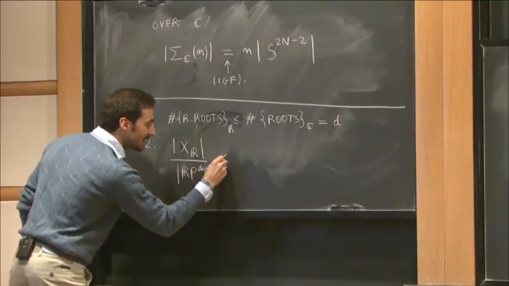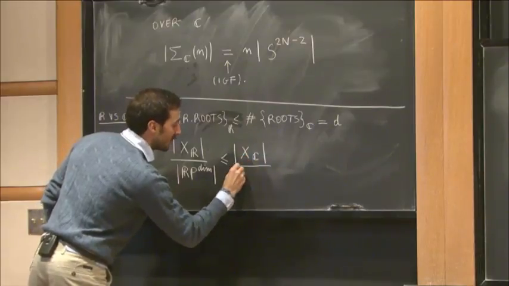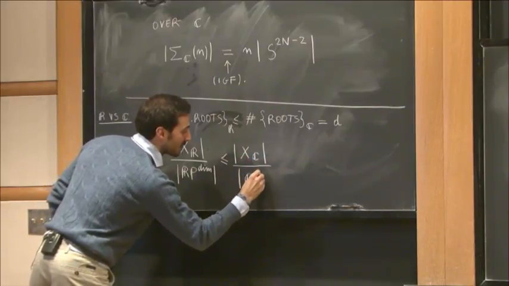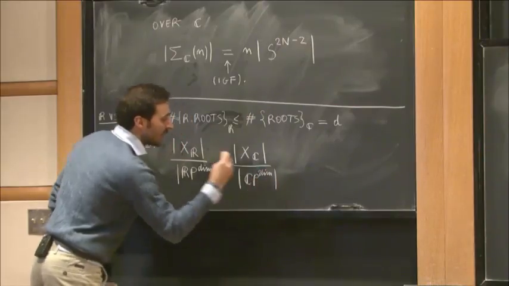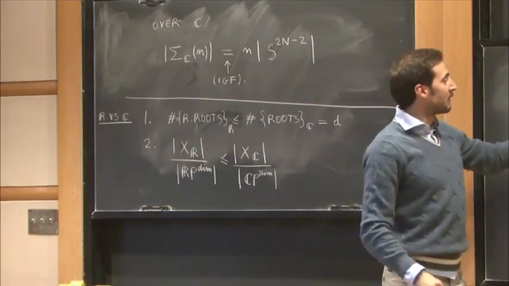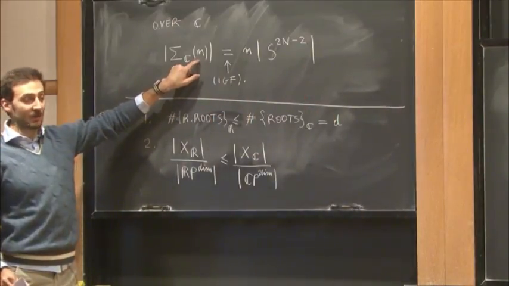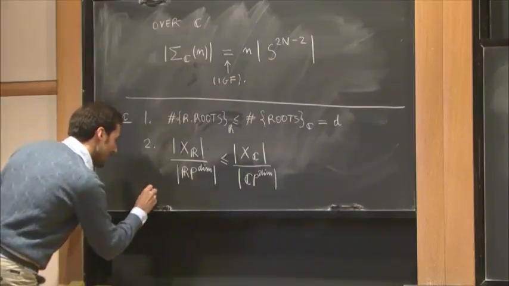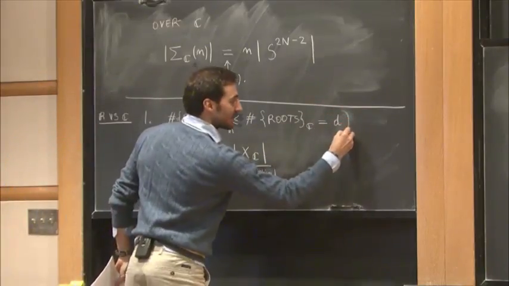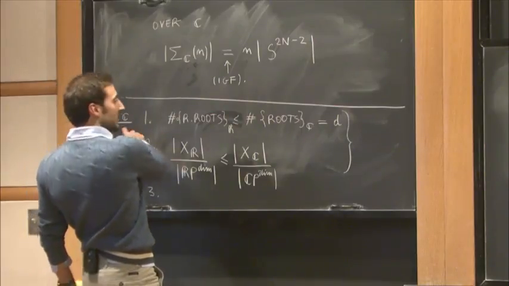Well, this is bounded, again, by the volume of the complexification divided by the volume of the complex projective space of the same dimension. So we might get an upper bound for the volume of this manifold using this formula here. And you see these two properties, they actually compare geometry over R and over C.